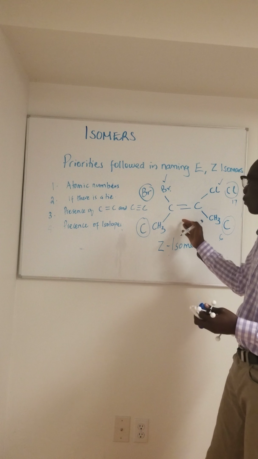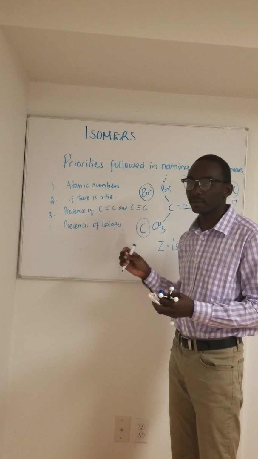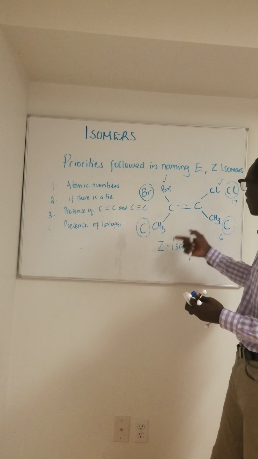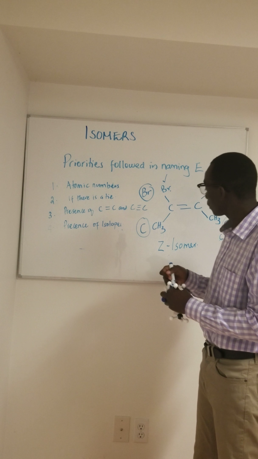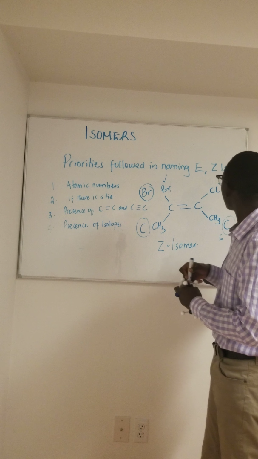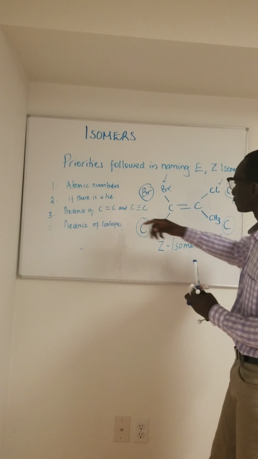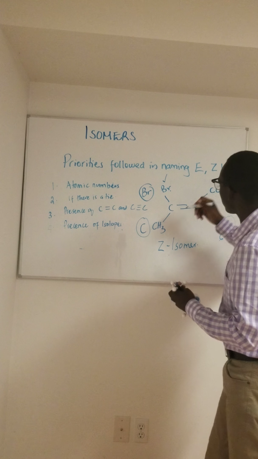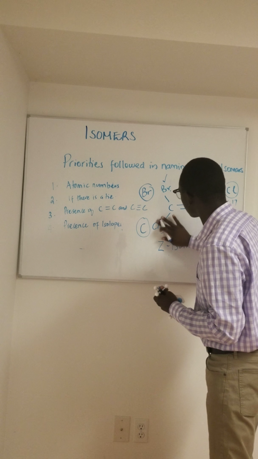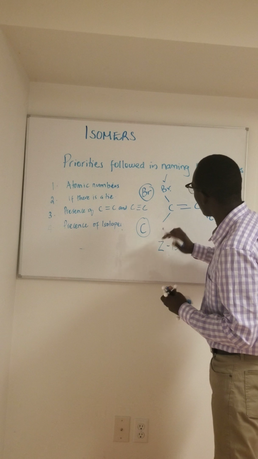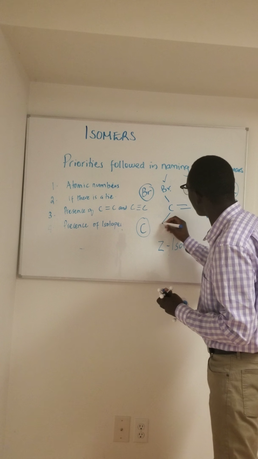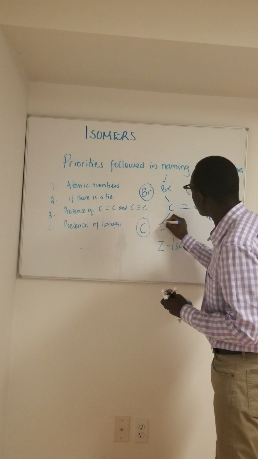This is how we identify isomers as either Z or E. In another example, what if instead of Br here, I had a bigger atom like iodine?